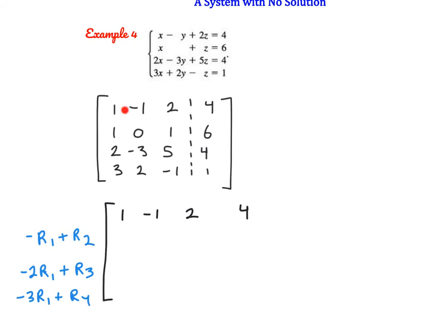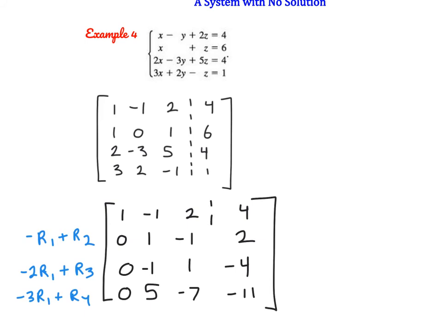So that gives us -3 and +3. And when we do that, we get something that looks like this. So we'll get 0, 1, -1, 2, 0, -1, +1, -4, and 0, 5, -7, and -11.